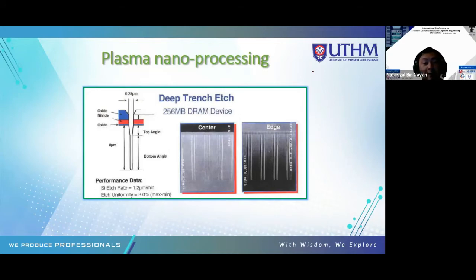Meaning if our single hair is 100 micrometer, for this 0.25 micrometer structure, we can put up to like 40. For example, we can create 40 transistors inside our single hair. That is the technology that we are talking about.